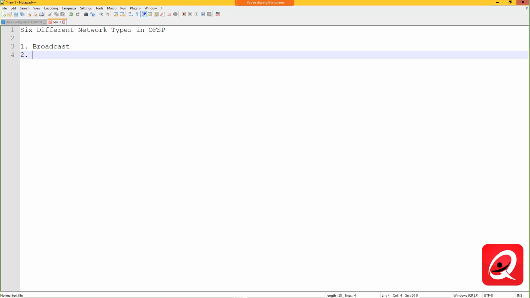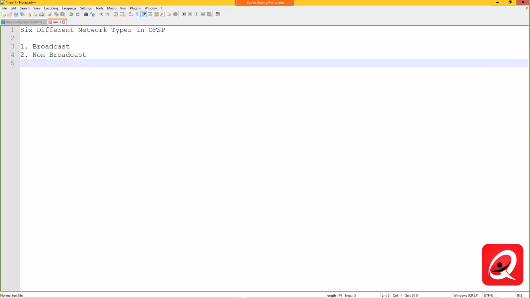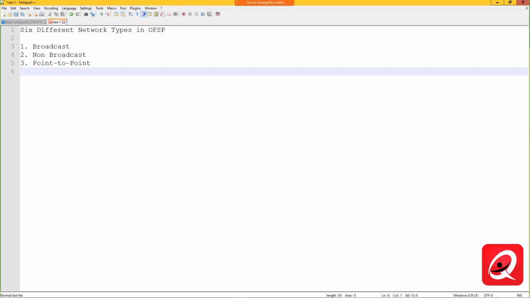The second one is non-broadcast. And the third type is point-to-point. The next type is point-to-multipoint.